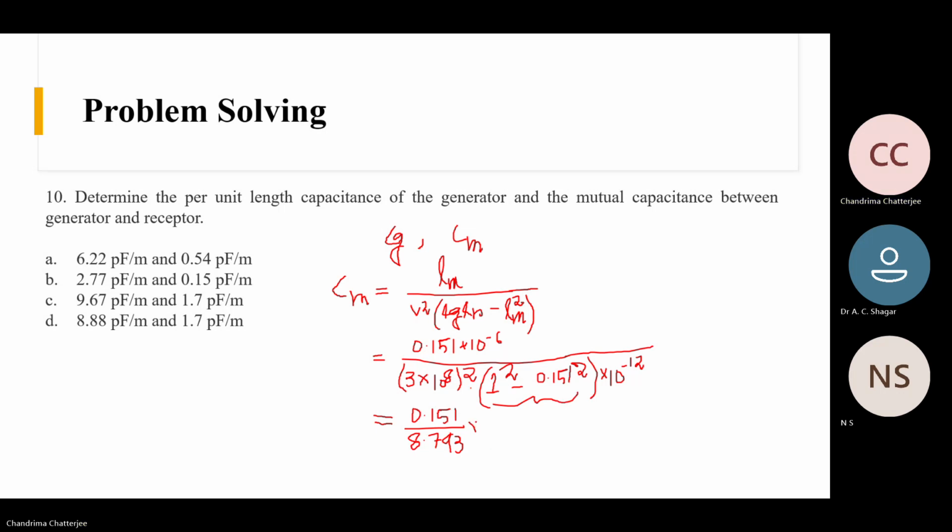So here we will get 10 power minus 10. And finally, what is the value? I think 1.7 picofarad, something like this. 1.7 picofarad per meter. Everything is in unit length.